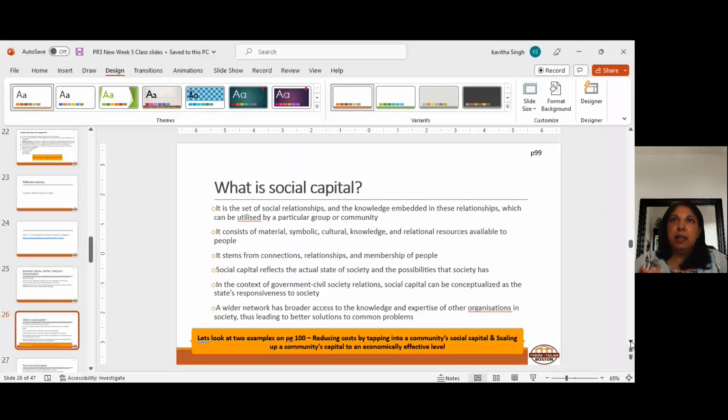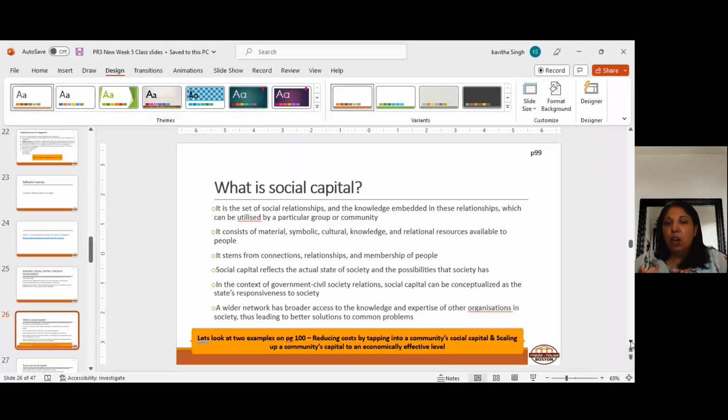So remember, you can be a member of a specific body, for example PRISA, the Public Relations Institute of South Africa. As a member at the annual general meeting, you are able to raise concerns on behalf of members or individually. Social capital reflects the actual state of society and the possibilities that society can bring.